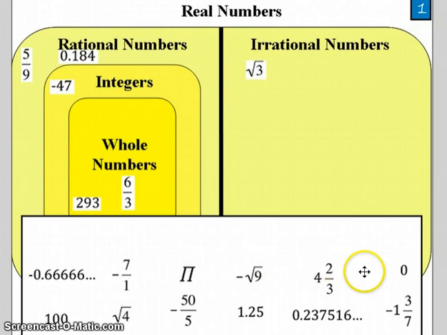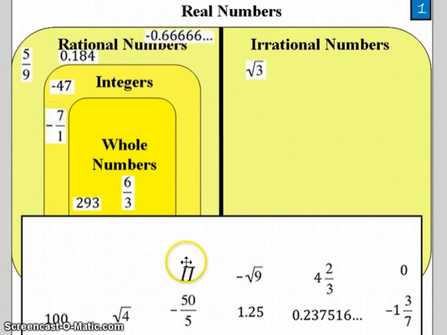I'm going to whip through the rest of these. You can pause at any point either to see if an answer that I've given here doesn't make sense, or to predict where I am going to put something, or maybe you'll come to class tomorrow and challenge me, suggesting that maybe I made a mistake. This is pi, by the way, if it's hard to read. This one, -√9. Well, the square root of 9 we know is 3, so that's really -3.